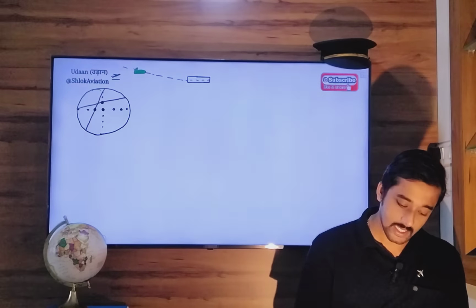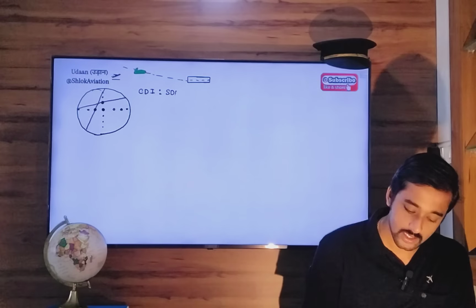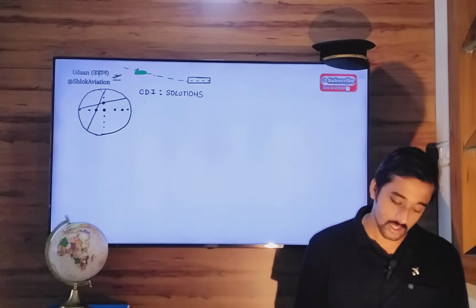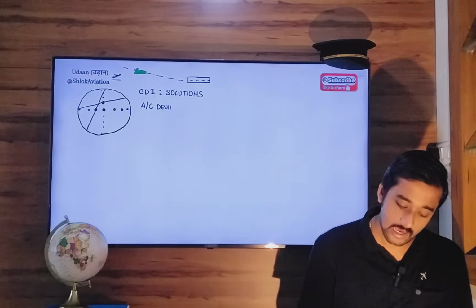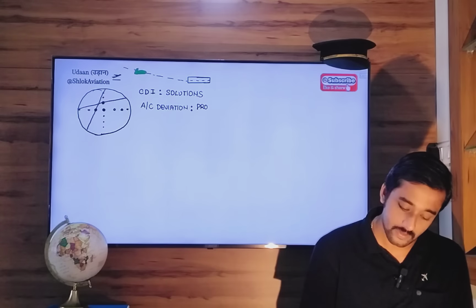Now, like I always say, CDI indications are nothing but the solutions. Solutions to what problem? Solutions to a problem of aircraft deviation from its intended track. Aircraft deviation is the problem.